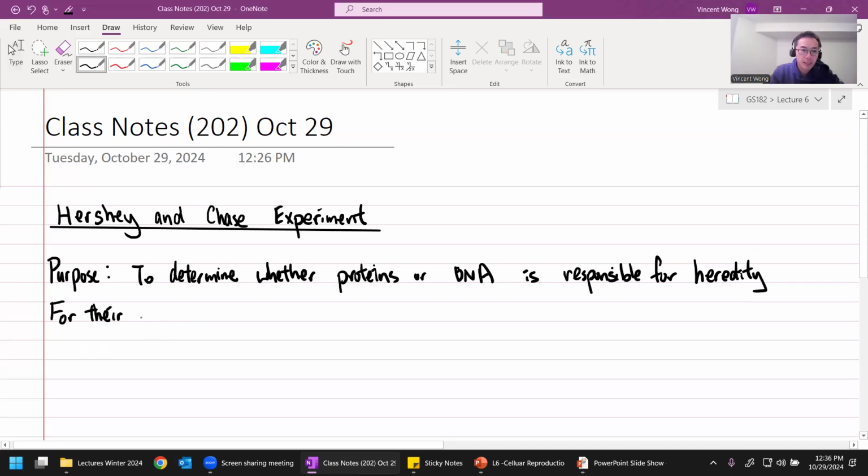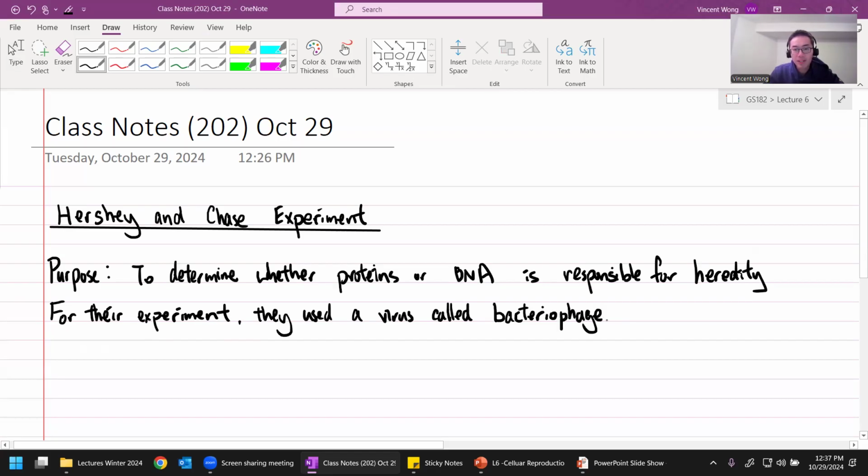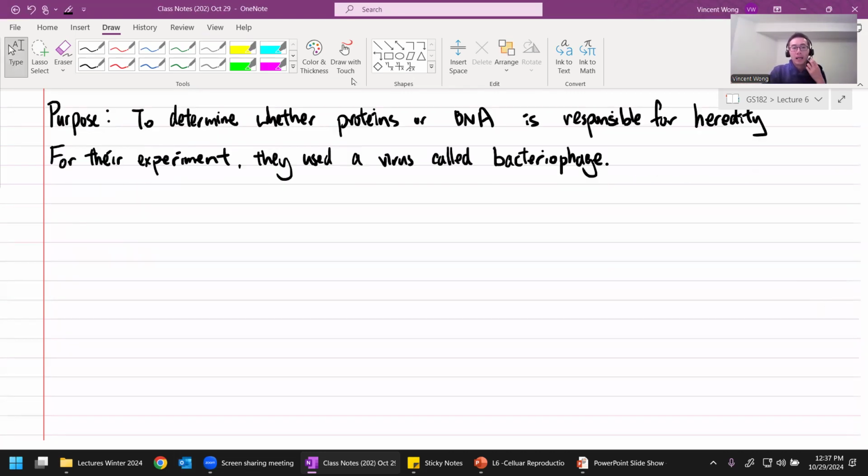For their experiment, they used a virus called bacteriophage. Okay, which is those green things that I showed you in the PowerPoint slides. So the bacteriophage has two parts to it.